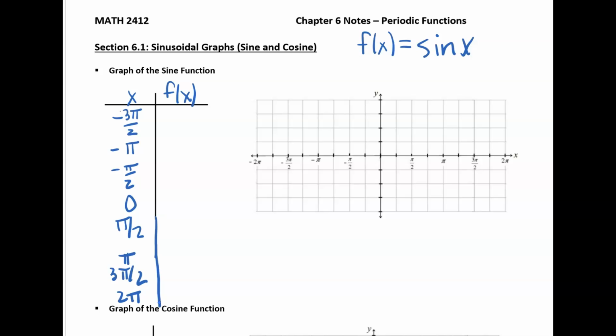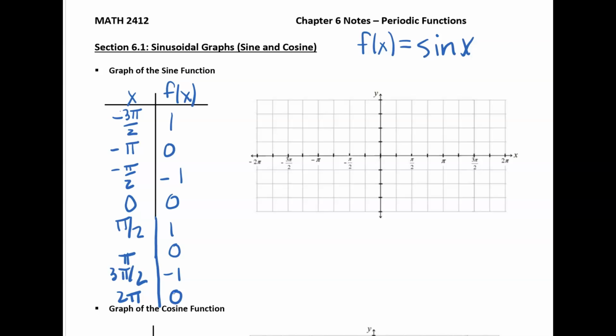And I'm picking all these points on my unit circle because these are where you're hitting your axes and picking up zeros and ones. And so that's going to help us when we go to graph because we're not trying to graph square root of 2 over 2. And so these values are 1, 0, negative 1, 0, 1, 0, negative 1, 0. You see some repetition there.